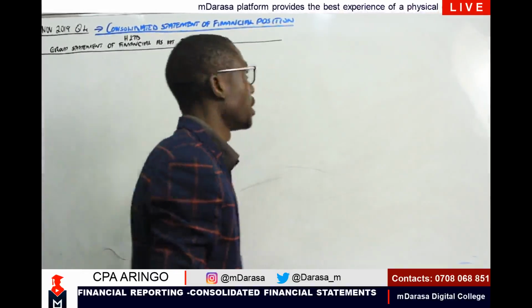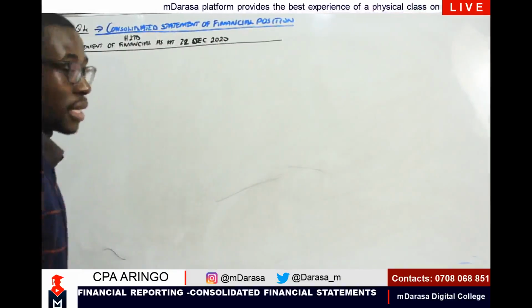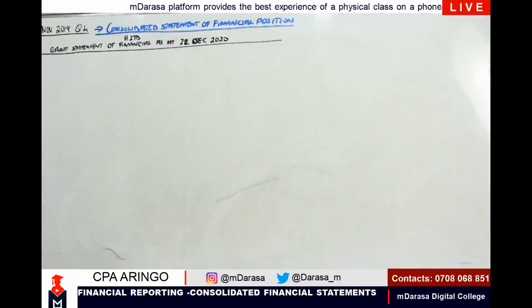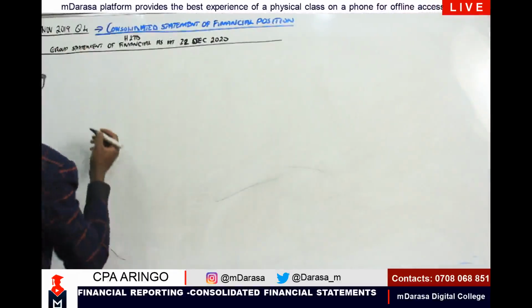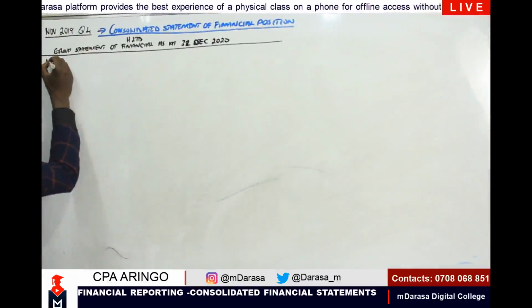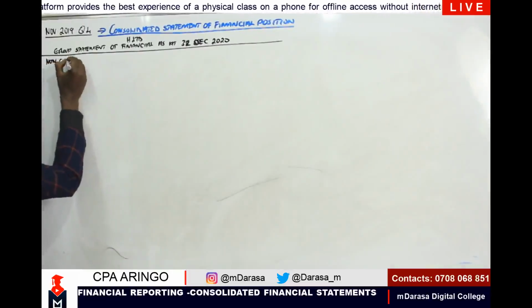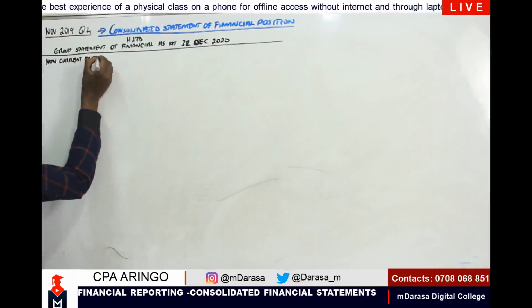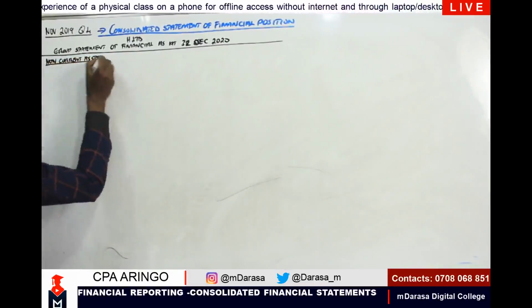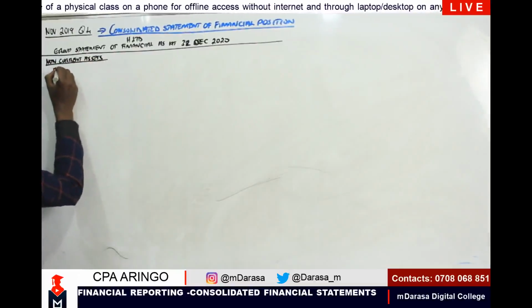This will always be our format, where you are going to talk about, of course, our non-current assets. For non-current assets, we're going to consider our property, plant, and equipment.